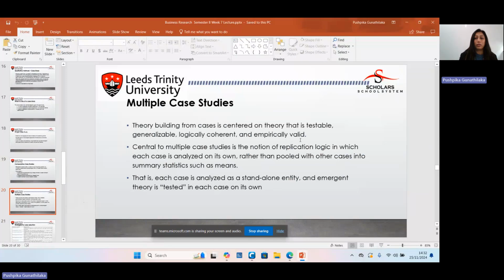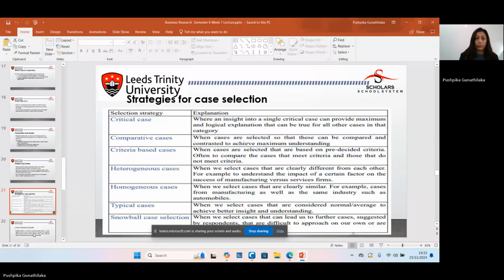So to test the empirical validity, you are conducting the research in many case contexts, many organizations. There are different strategies for case selection, like critical case, comparative cases, criteria-based cases, heterogeneous cases, homogeneous cases, typical cases, snowball case selection. So likewise, there are different strategies.